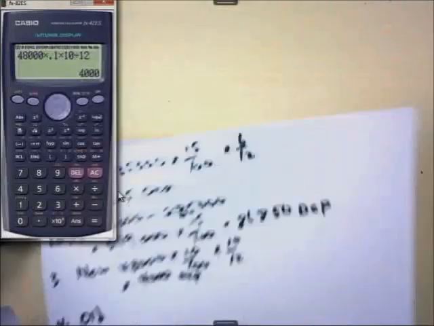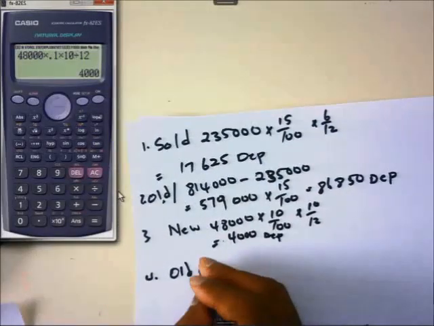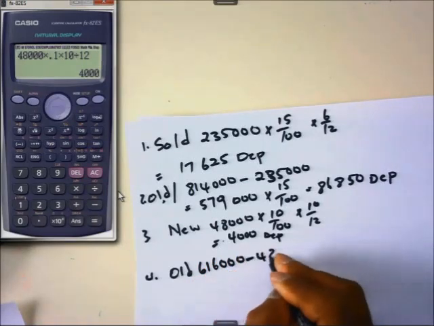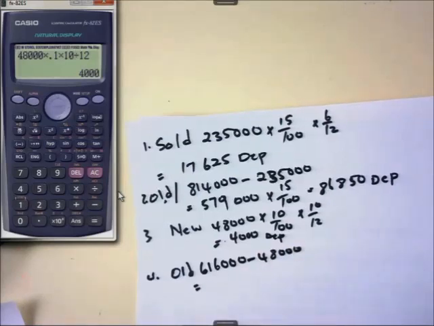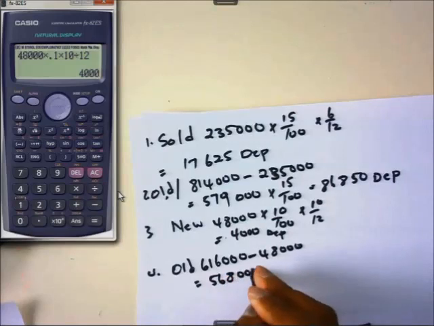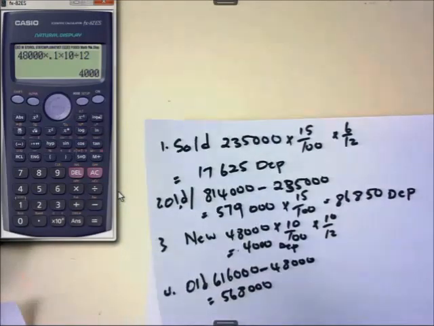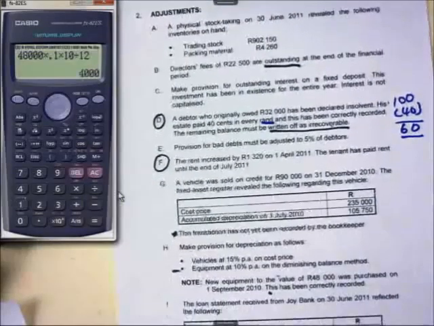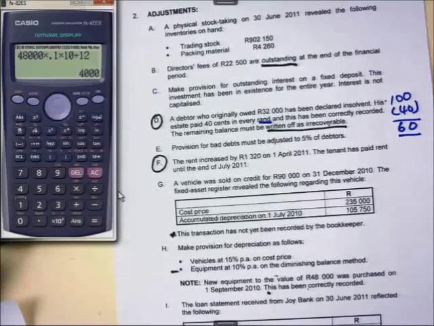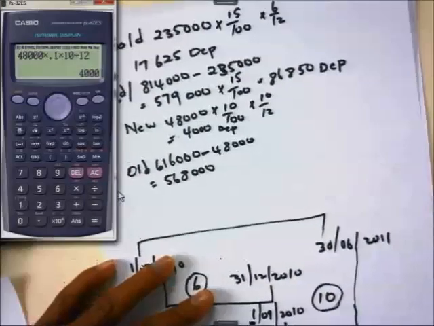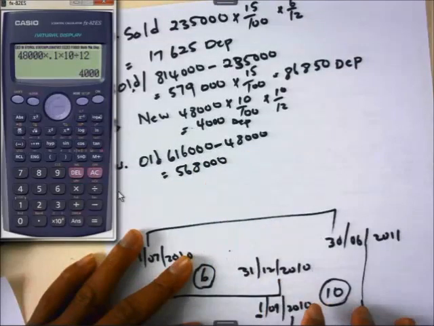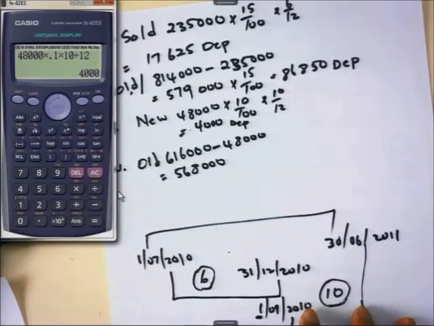So with the old one, we say 616,000 minus 48 because 48 was recorded, so it's included and we must subtract it. It will give us 568,000. That is our cost price.